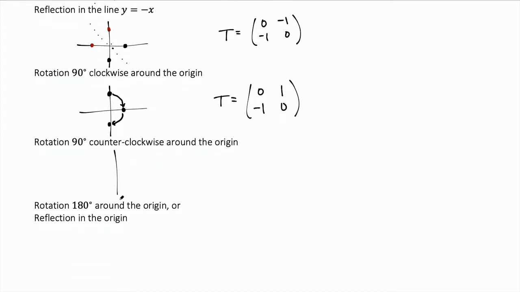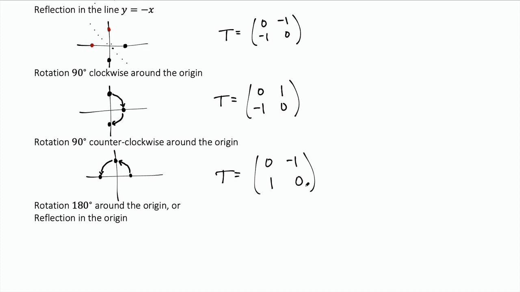If I do a 90-degree counterclockwise rotation, the point (1, 0) ends up here at (0, 1). So that's my first column. If I take the point (0, 1) and rotate it, I get the point (-1, 0).